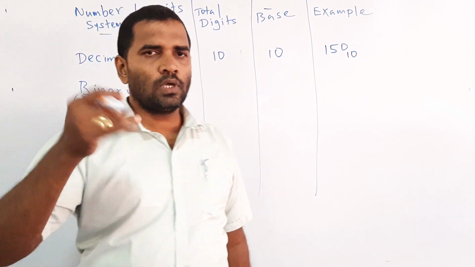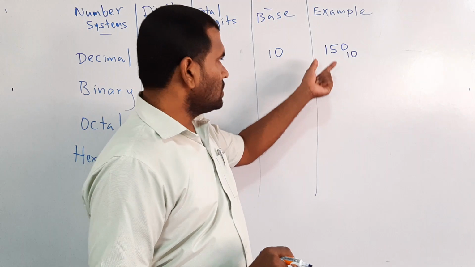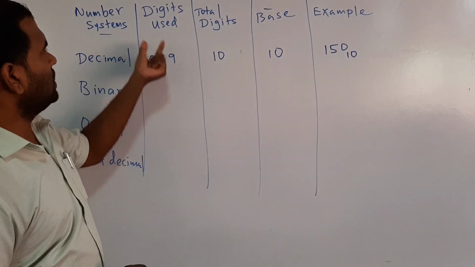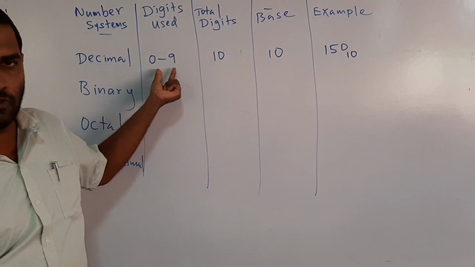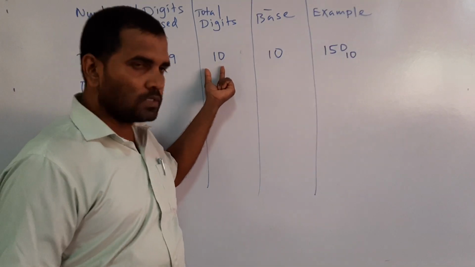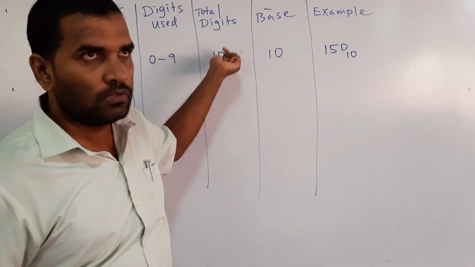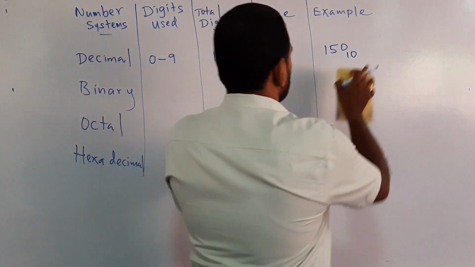Even if you want, you can put it, that's not an issue, but there is no need, right? So this is the decimal number system. Hope you understood them. The name is decimal number system. Here we have 0 to 9 digits. Total digits are 10. The base value should be equal to total digits, and then example. So the base is not a must.